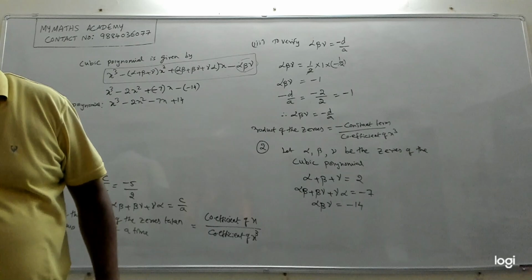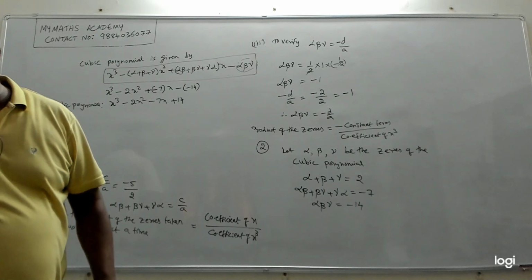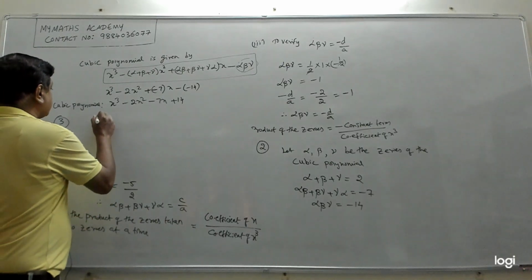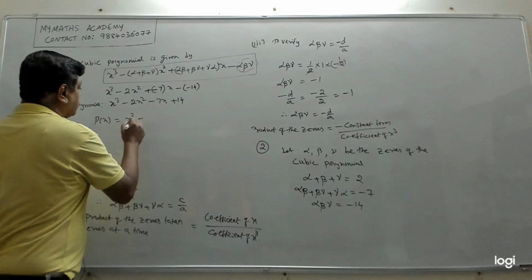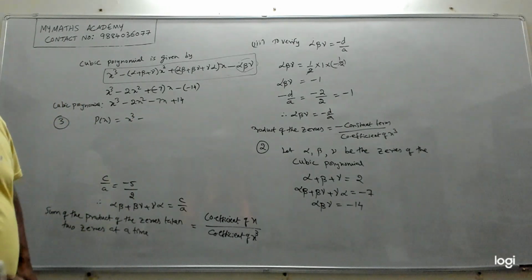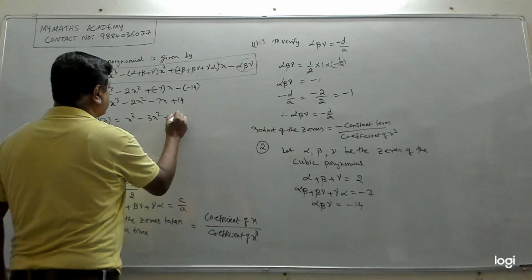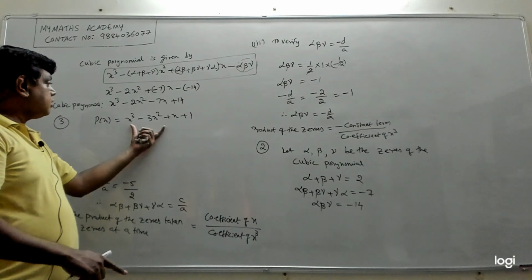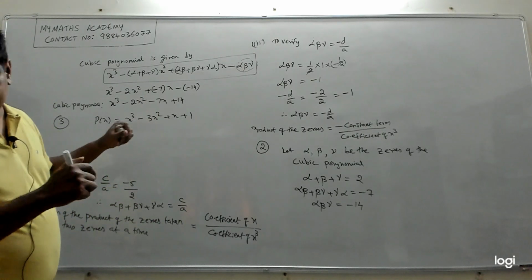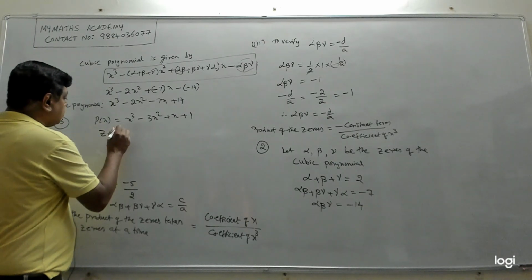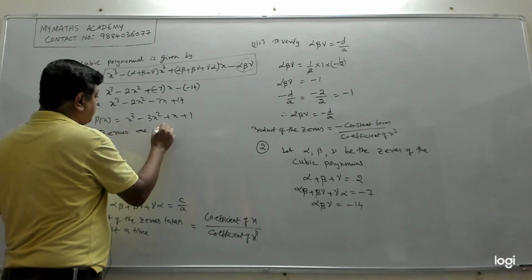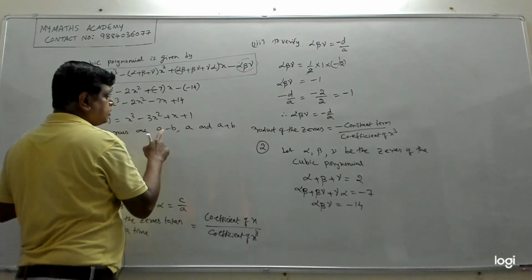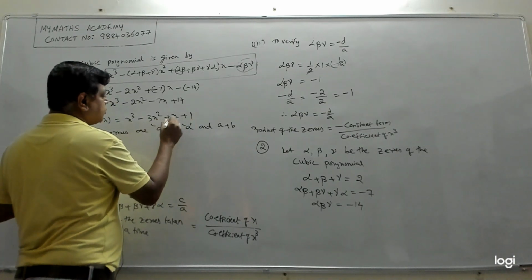The polynomial p of x is x cube minus 3x square plus x plus 1, and the zeros of this polynomial are given as a minus b, a and a plus b. So these are the three zeros.